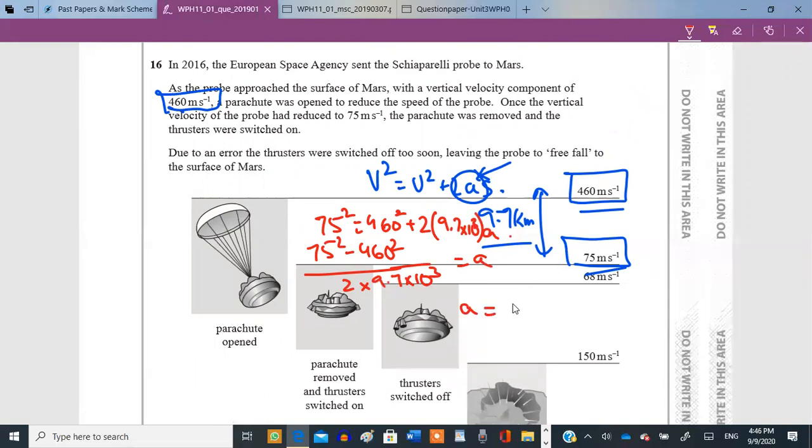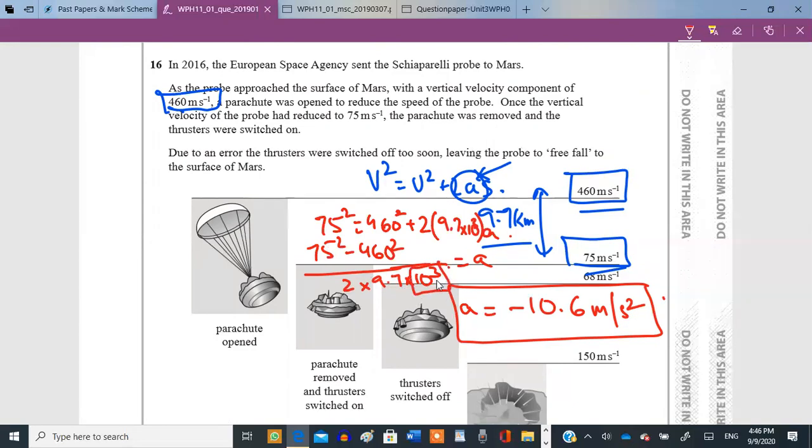It's going to be negative. Minus 106172668.04. Minus 10.6 meters per second squared. Not that. It's 75 squared minus 460 squared divided by 2 times 9.7 times 10 cubed as well.